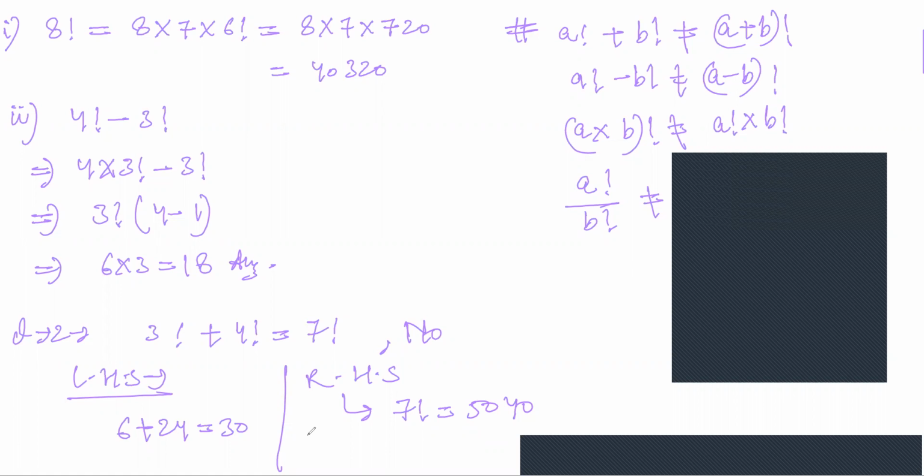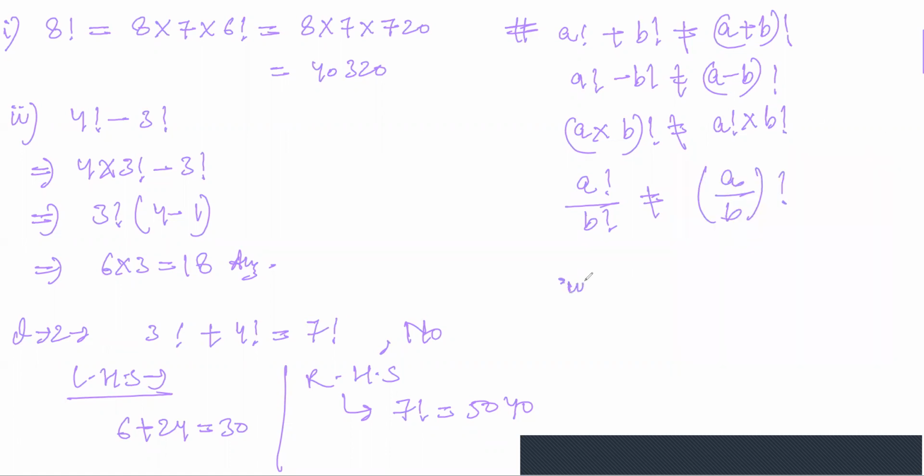Yes, correct, Tarif. Now third part, you have to calculate 8 factorial divided by 6 factorial into 2 factorial. See, I'm again writing this 8 factorial as 8 into 7 into 6 factorial. I can write 8 factorial as 8 into 7 into 6 into 5 into 4 into 3 into 2 into 1.